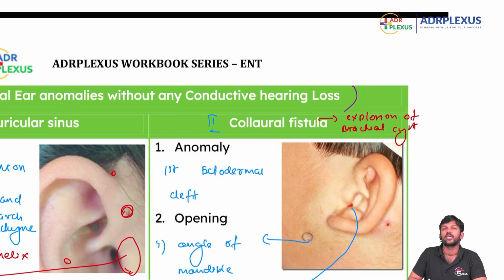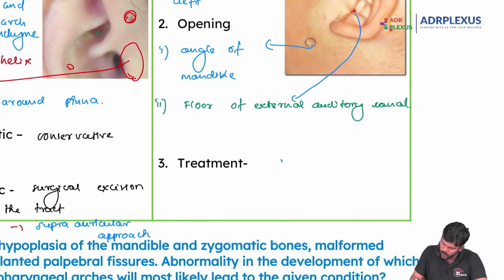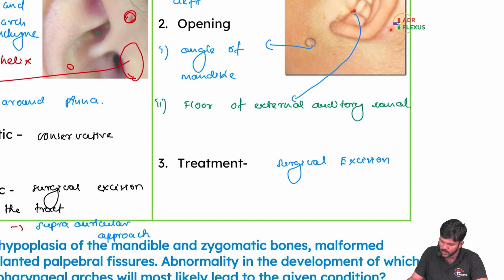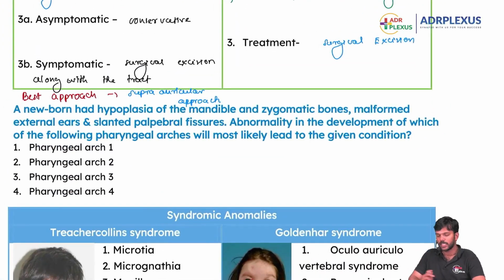That point is enough. They didn't ask this question before, but if they ask, you should have this understanding. The treatment is surgical excision. Okay, so we'll answer the next question.